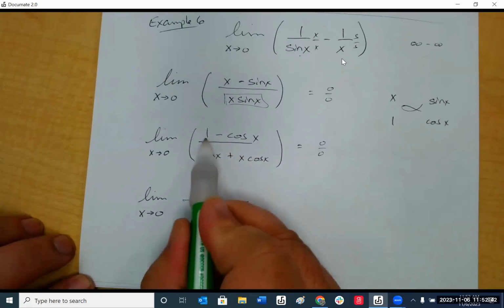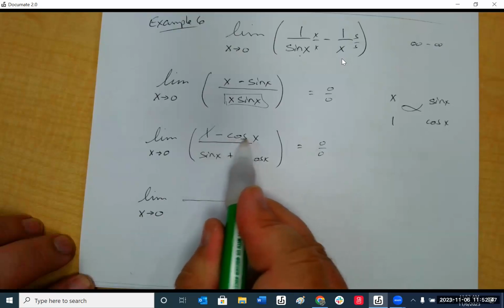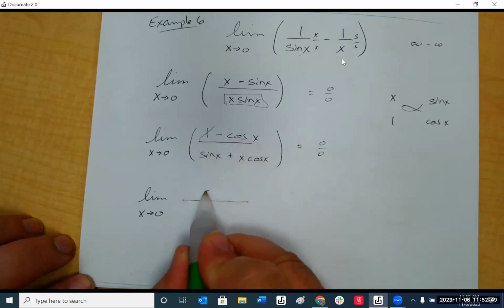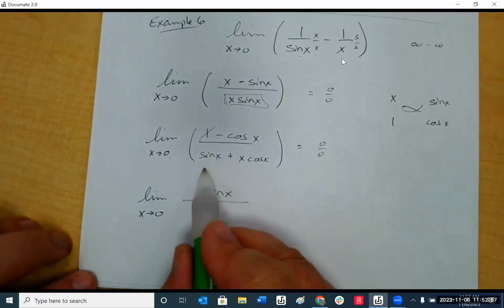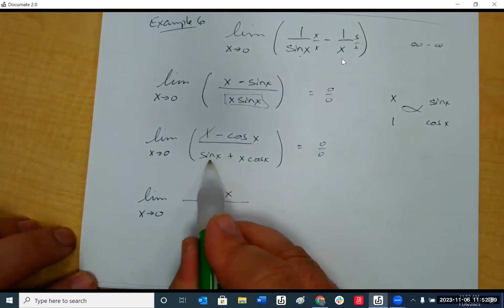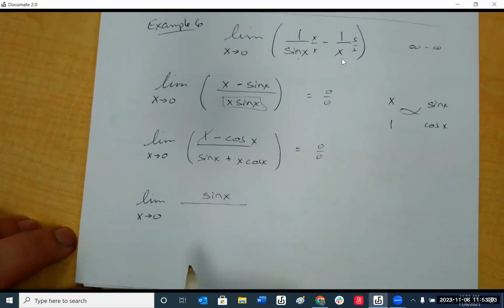On top, this one disappears, so this becomes negative, derivative of negative cosine is just sine. And I had a question real quick. For the top one, for x minus sine x, are we not taking the derivative of negative sine x?